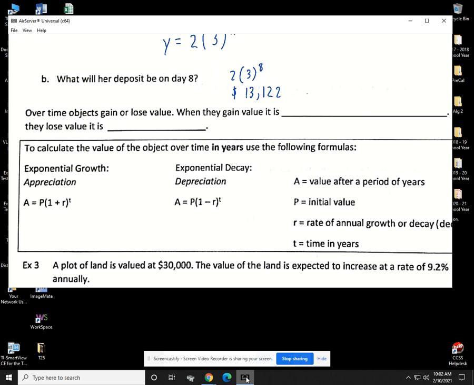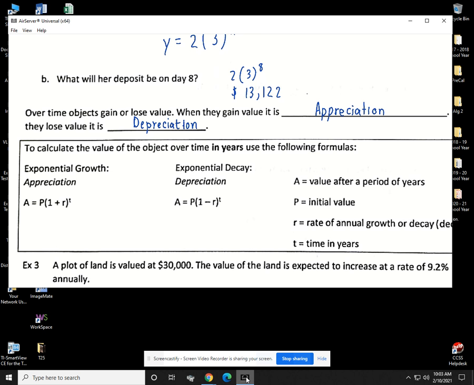Same is true today. There are types of investments that will grow, and that is called appreciation. And then there's types that decay, and those are called depreciation. Here's how you distinguish them. Look at the 2 equations.